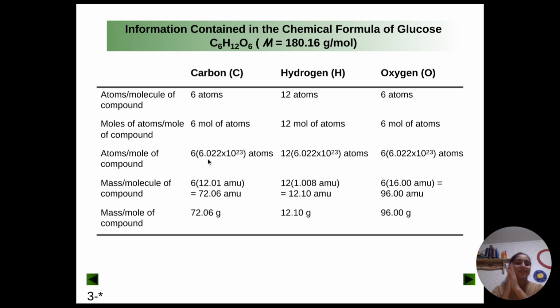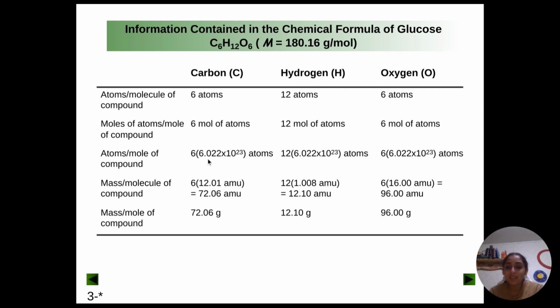Then 12 times 6.022 times 10 to the 23rd atoms. And then for oxygen, the same as carbon, because we have the same number of atoms: 6 times 6.022 times 10 to the 23rd atoms.